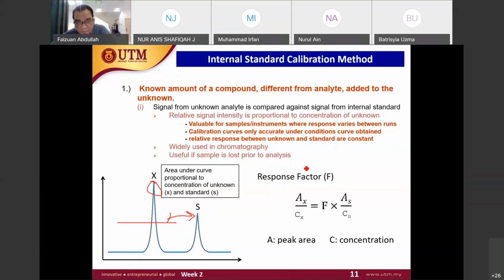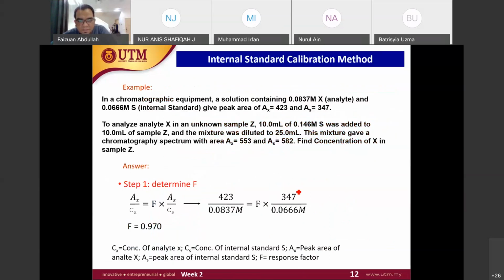In this technique, the internal standard, we have an equation like this. The peak area of the unknown X divided by the concentration of the unknown is equal to F, a factor, times the peak area of the standard divided by the concentration of the standard. Let us see the example.